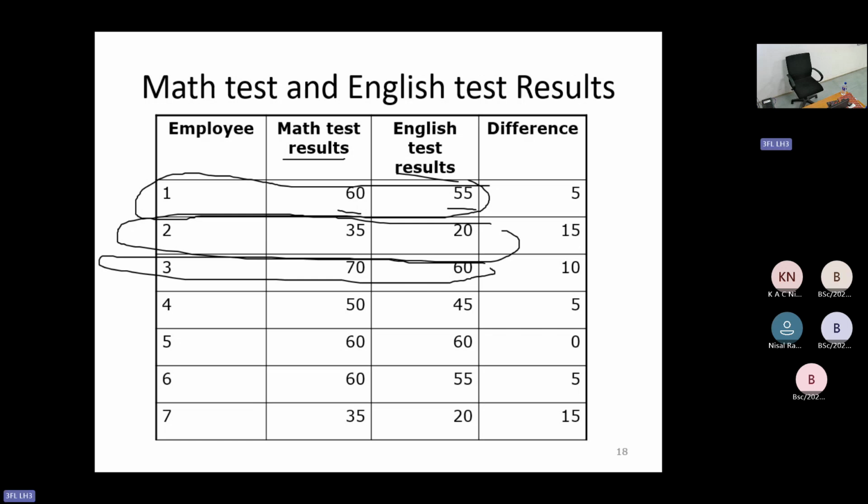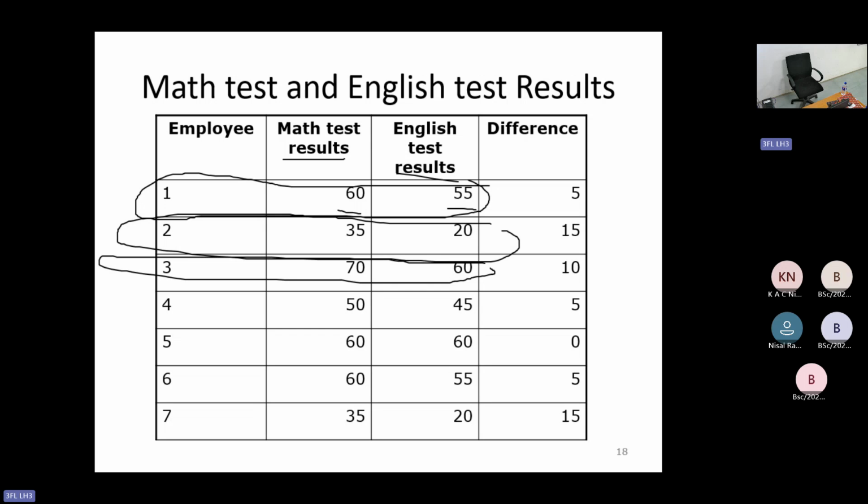Now for example, we have an English part and a mathematics part. This employee has done, let's say, 25, 30 or something like that. Number 2, 30, 50, number 3, 60, 70.